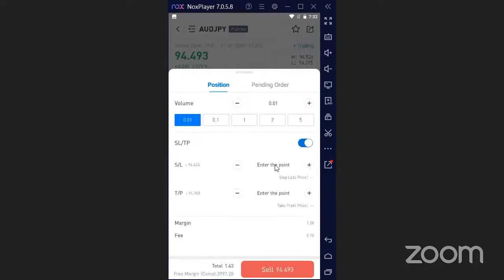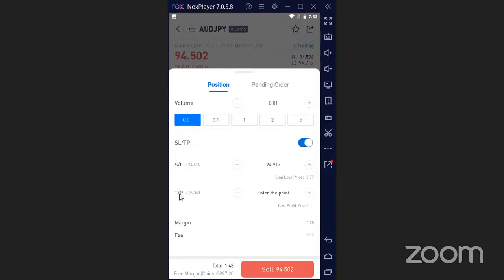Just click on this center, and then you can edit the numbers. So the stop loss, I've written it down. The stop loss is 94.913.